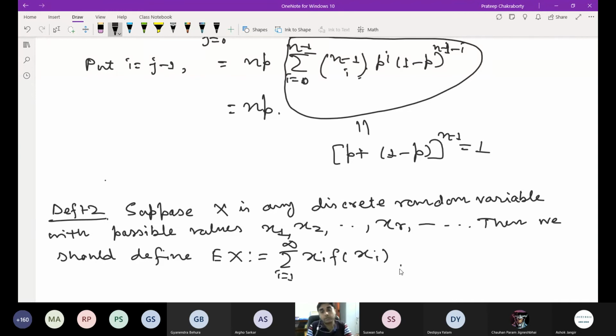But the problem is whether this infinite sum converges or not, whether it is finite or not. It may or may not converge.